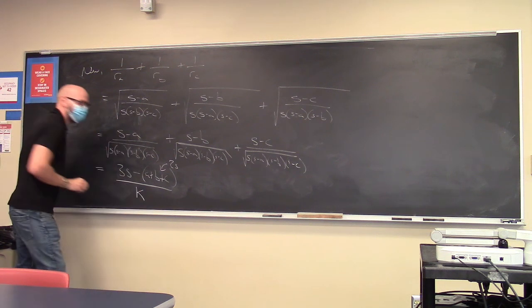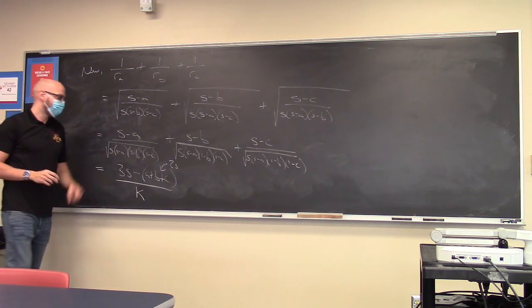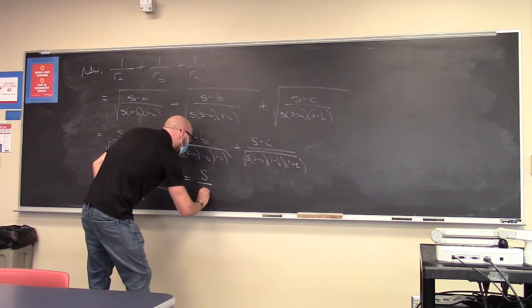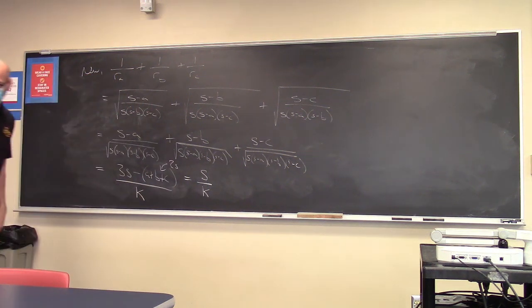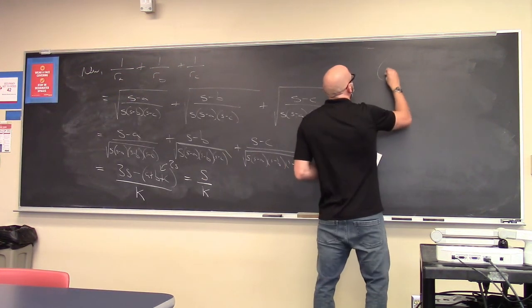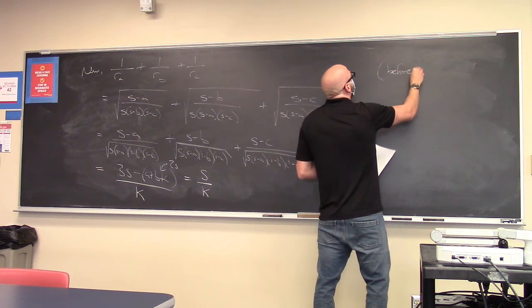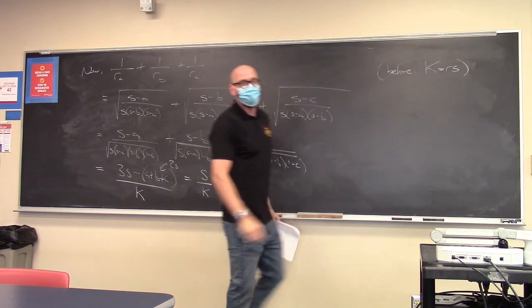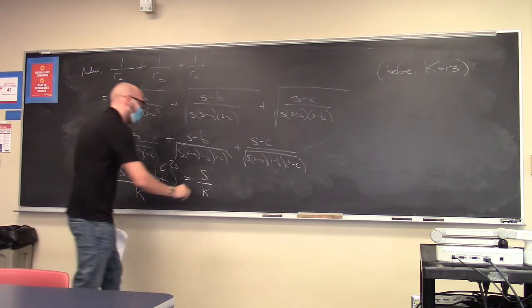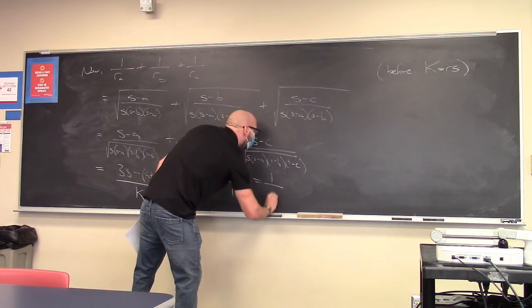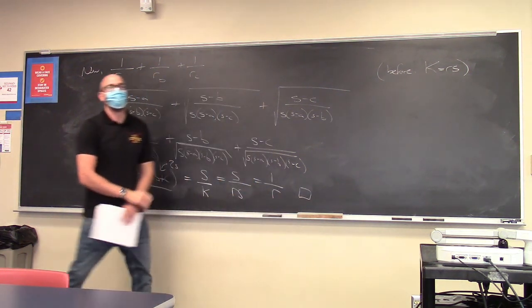So we have k over k. 3s minus 2s is just s, over k. And we've shown before that k is equal to r times s. So this is s over rs, which is 1 over r, and we're done.